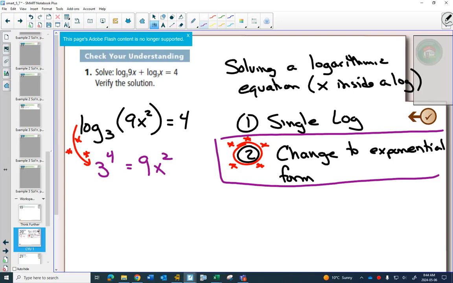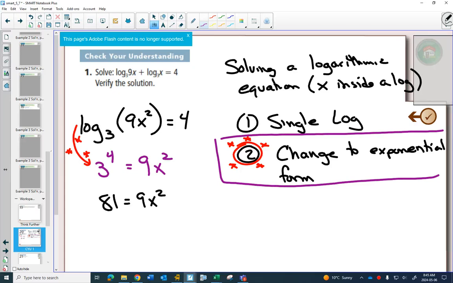We completely changed what it looked like. And because we're completely changing the way that it looks, our brain does not like that, and we forget that step. But anytime you have a single logarithm, you can write it in exponential form. And because the x is inside what's called the argument of the logarithm, once we change it, well now this is 81 equals 9x squared.